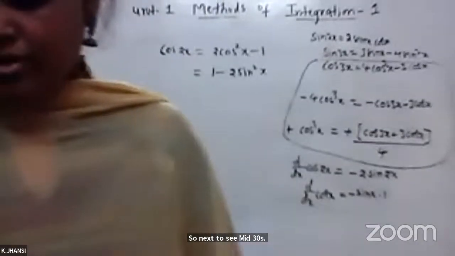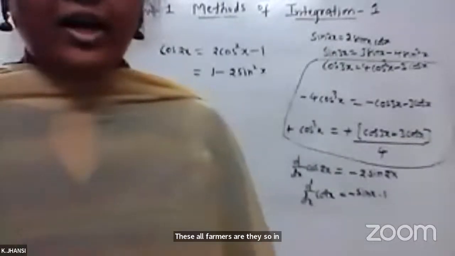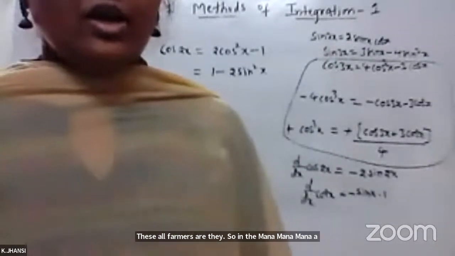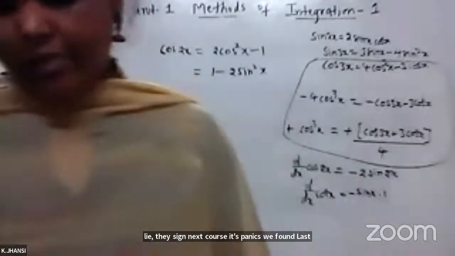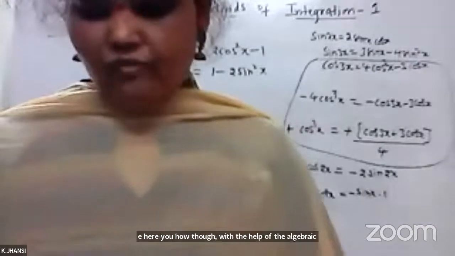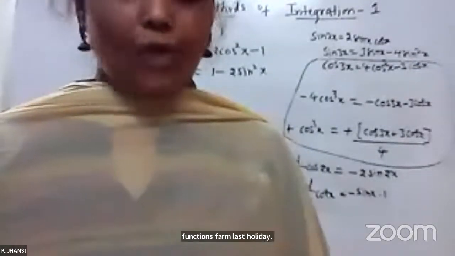Okay, so the next method is integration of algebraic functions of special forms using trigonometric substitution. So these formulas are here. Just as we saw formulas for sin x, cos x, tan x earlier, here you have formulas with the help of algebraic functions. We'll use these formulas in solving problems.